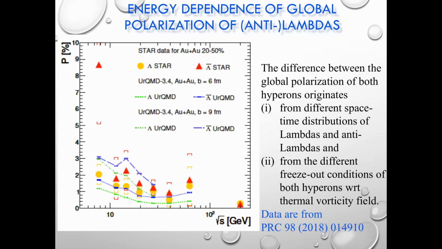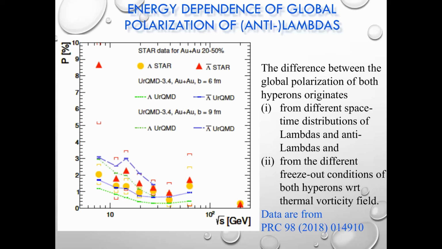You see for calculations below, starting from 62.4 GeV, that polarization of lambda bars is a little bit larger than polarization of lambdas.